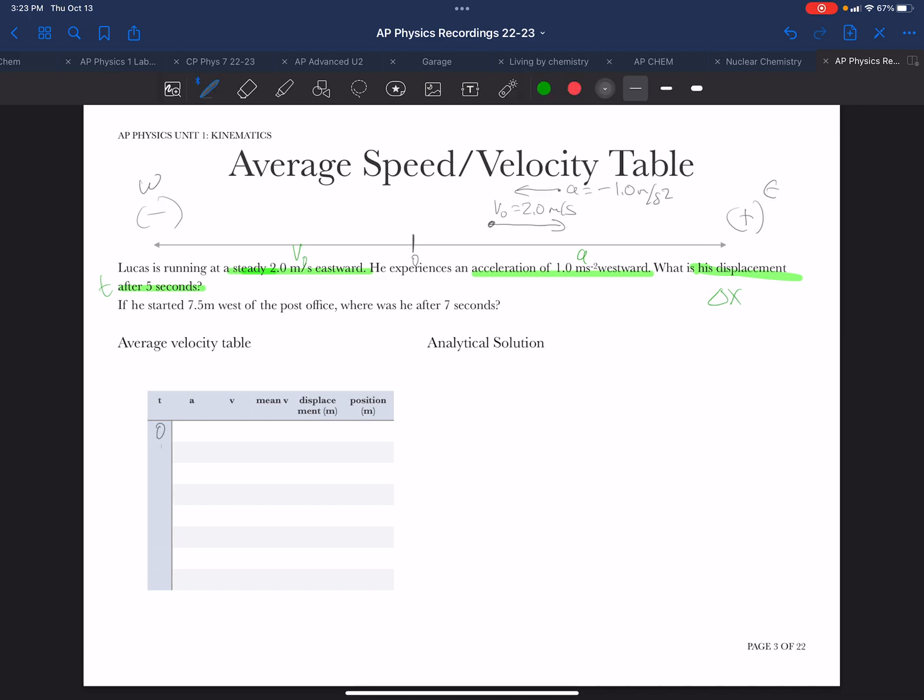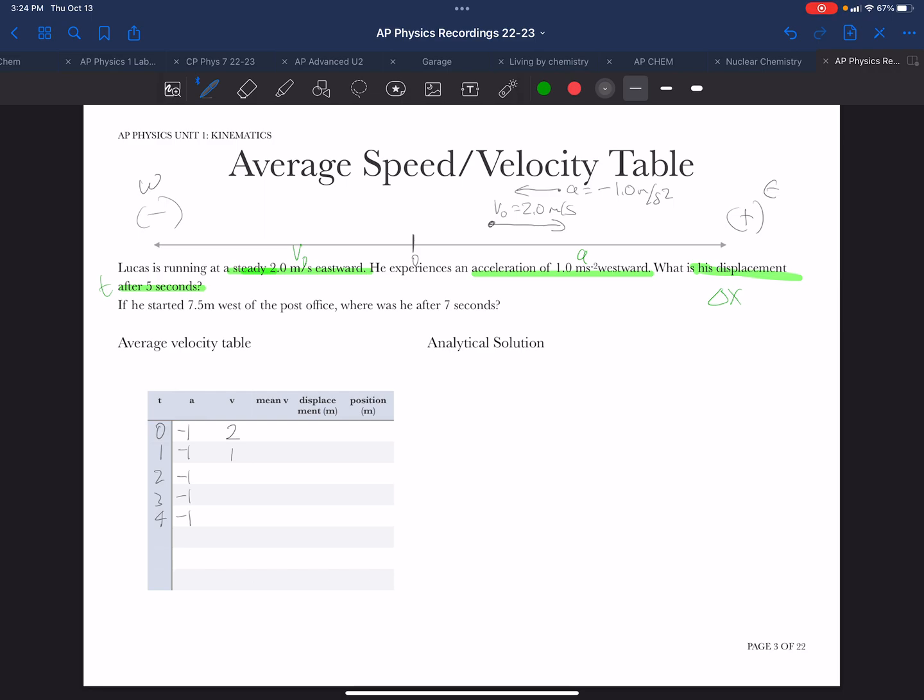So we'll start out with 0, 1, 2, 3, 4 seconds. The acceleration throughout is minus 1 meters per second squared, so it's a constant acceleration. Now at time 0, we are told his speed is 2 meters per second. Well, we know it's changing by minus 1 every second.